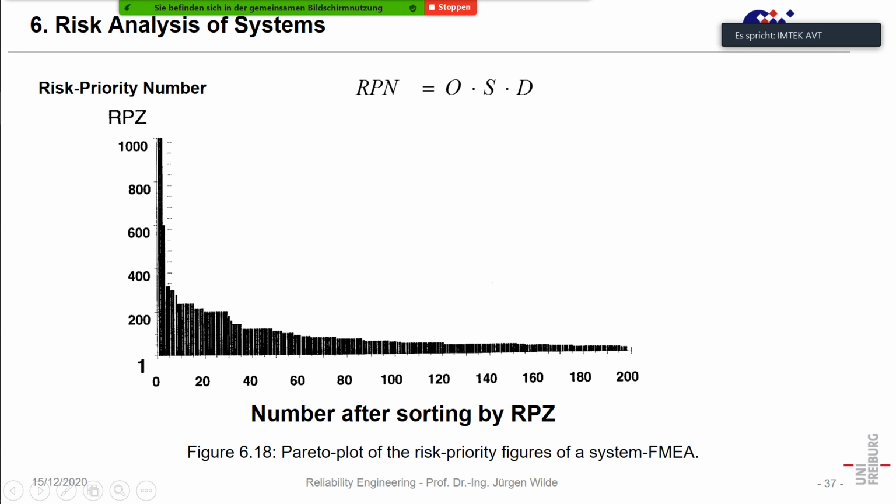Also, it is important that certain failures, especially such ones which have high severity, are not only reduced in their probability, but they are eliminated generally. So you could say high risk technologies are avoided. To say it a little blunt, if you have no nuclear power, then also a nuclear power station cannot blow up.